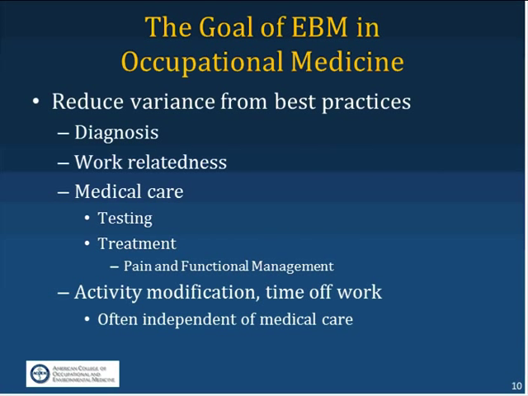So really the goal of evidence-based medicine in occupational medicine is to reduce variances from best practice. One of the principles of quality improvement is that variation, with the caveat that it doesn't include variation in actual patient situations such as allergies and so on, tends to be a sign of poor quality.